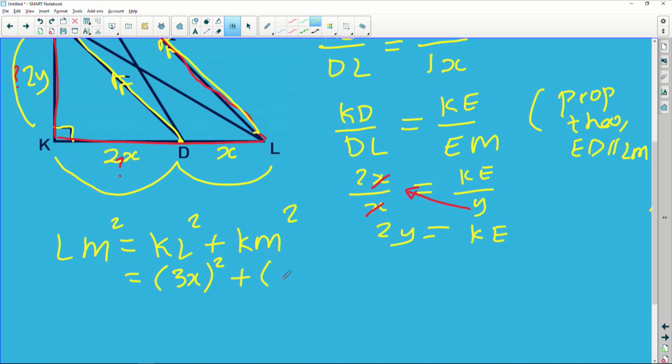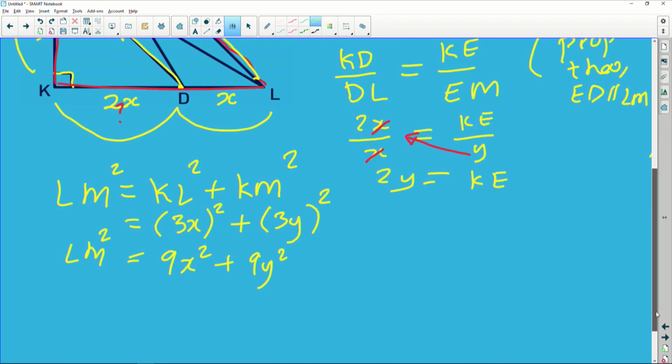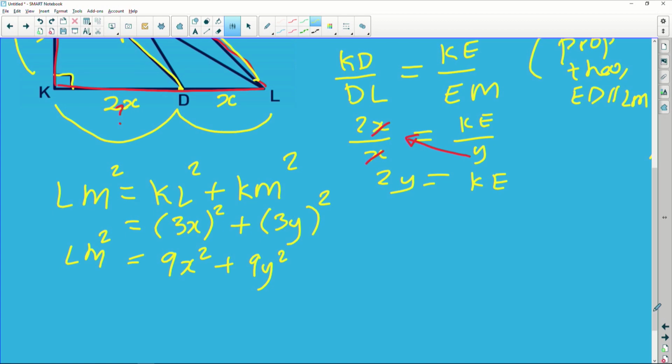That is another value that can be expressed as 3y squared. When you simplify, you get 9x squared plus 9y squared, and that is the length of LM squared in terms of both x and y. They wanted the length of LM squared. They don't want you to work out LM. Just give us LM squared as a function of both x and y. And then we're getting that LM squared is 9x squared plus 9y squared.